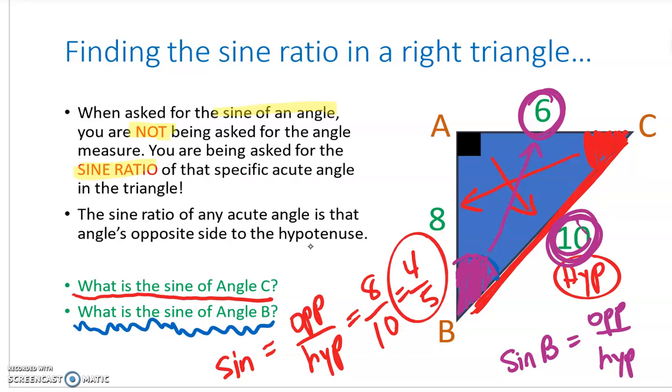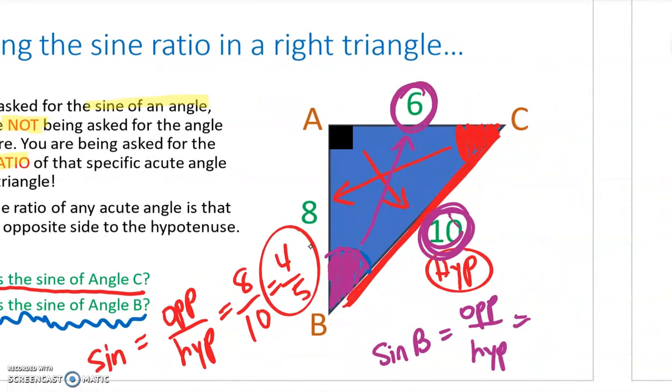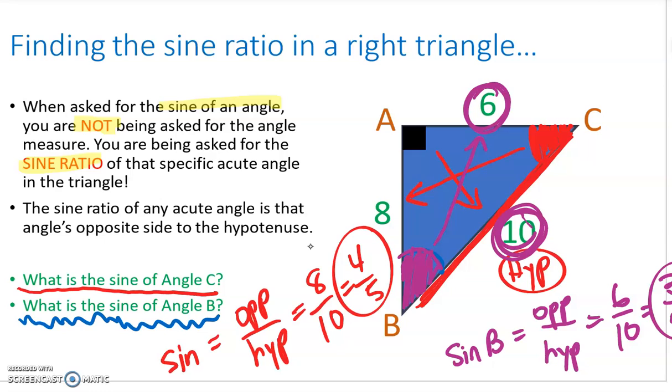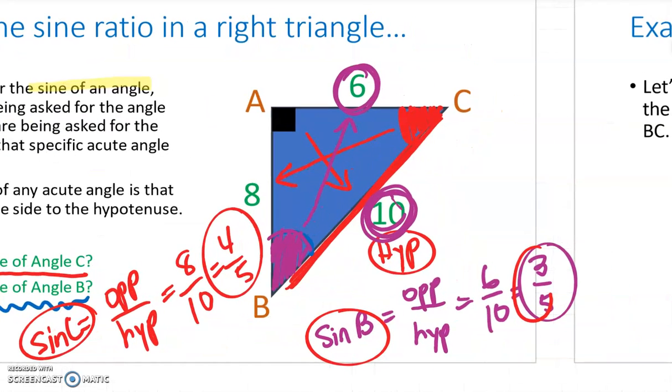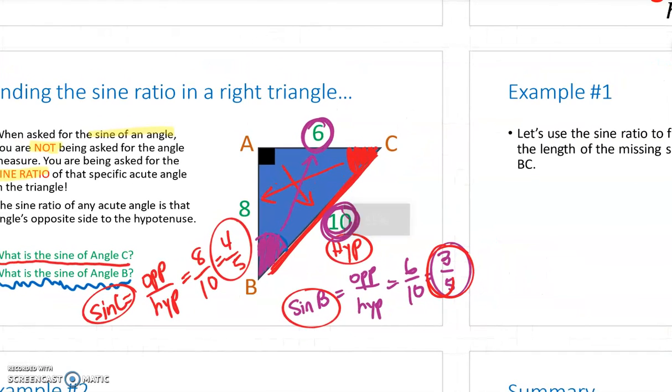The hypotenuse does not change. The opposite side changes though. So we have 6 over 10, divide both by 2, and we get 3/5. So you'll notice that the sine of angle C is 4/5, but the sine of angle B is 3/5 because they both have different opposite sides depending on the angle in which we are talking about.